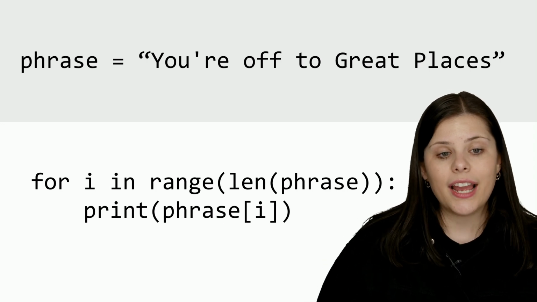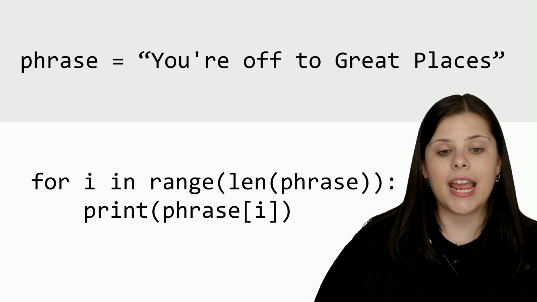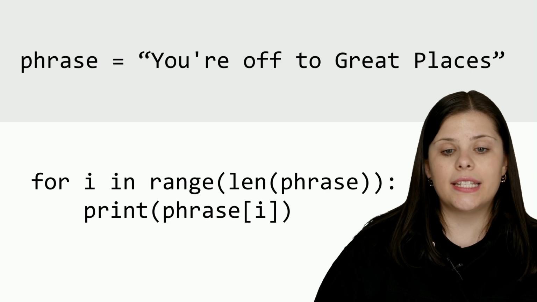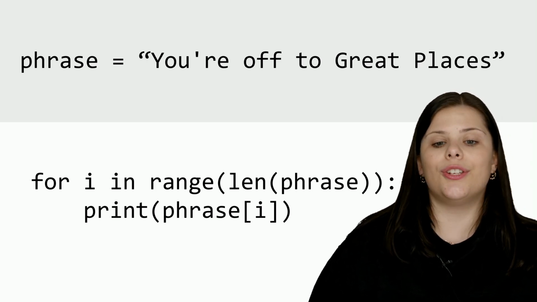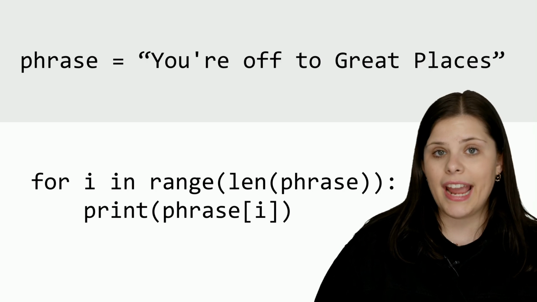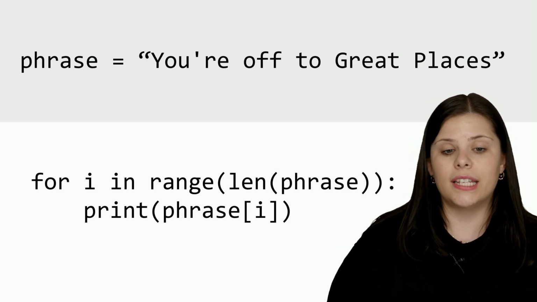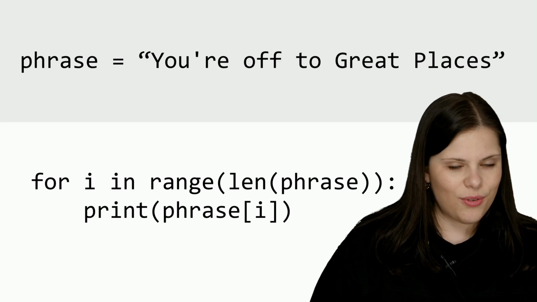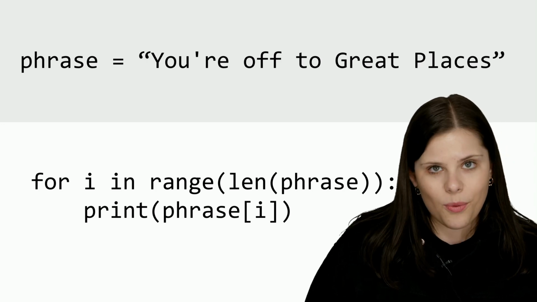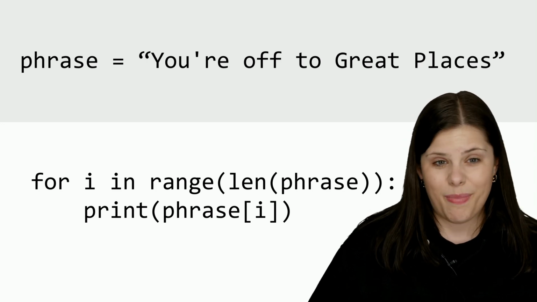And then inside of that for loop, I'm just going to say print(phrase[i]), right? Just like indexing into every single character that we have in our phrase using the index i. But I would argue that's not a very Pythonic way of doing things, and that we could do better.